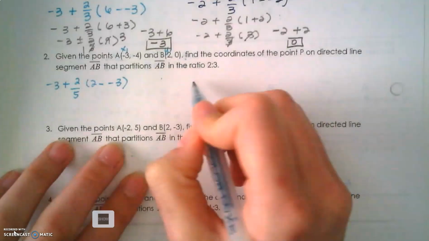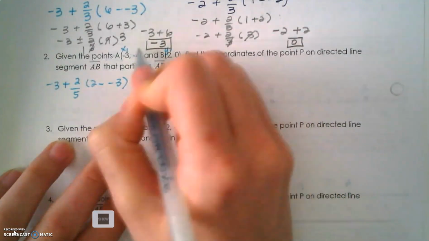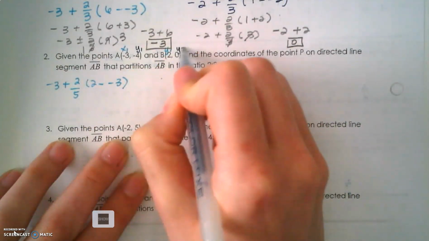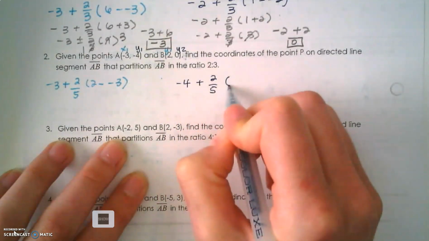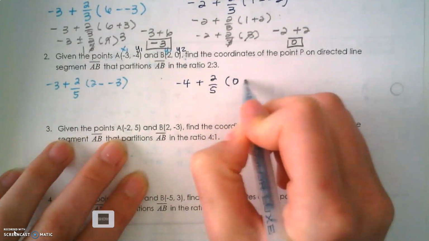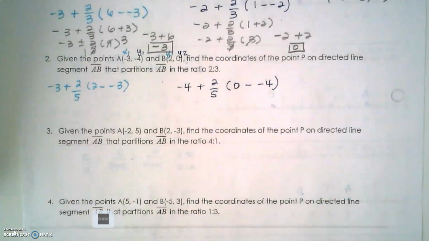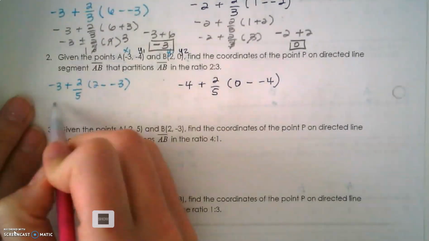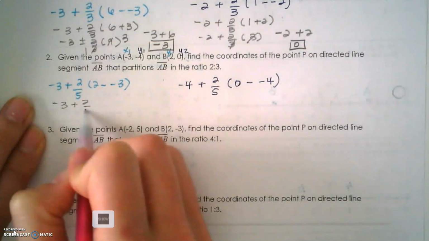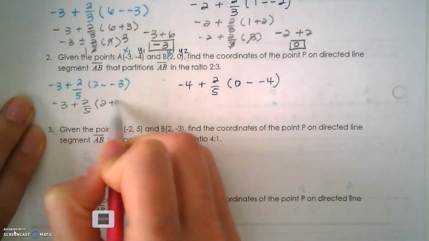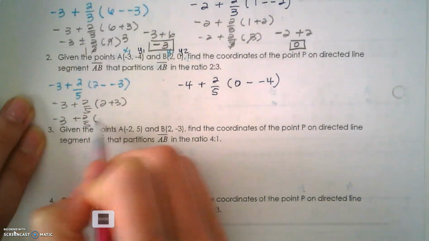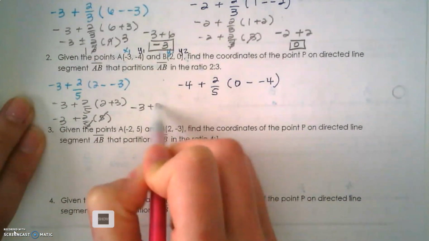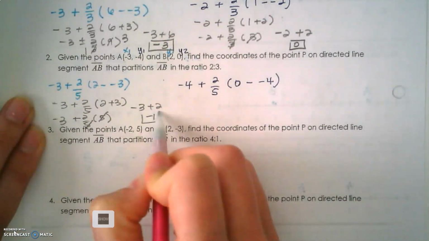My y value here, I'm going to have y1 and y2, so that's -4 plus that same ratio, times y2 minus y1. So we have -3 plus 2/5, 2 plus 3. -3 plus 2/5 times 5. 5's cancel. So we have -3 plus 2, which is a -1.